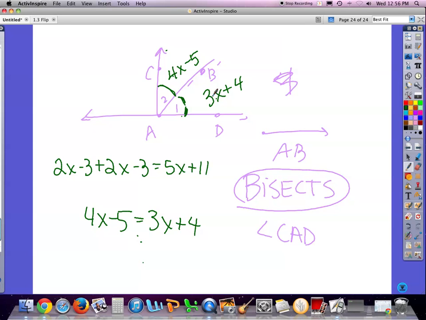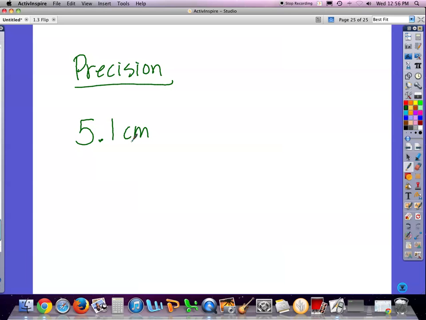The last thing I want to talk about is precision. If you see something like 5.1 centimeters, that's the measurement you've gotten. That means your ruler has 0.1 centimeters on it, so your smallest increment is 0.1. My ruler has 5.1, 5.2, 5.3 markings.